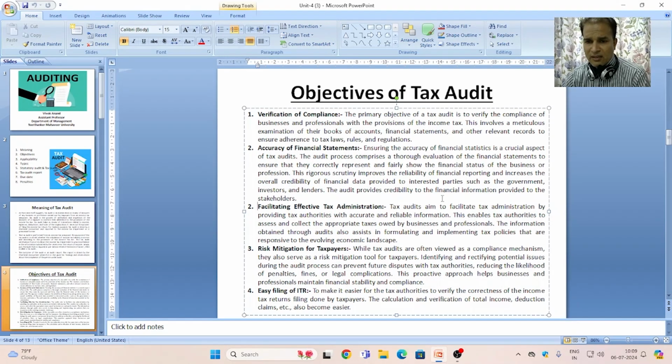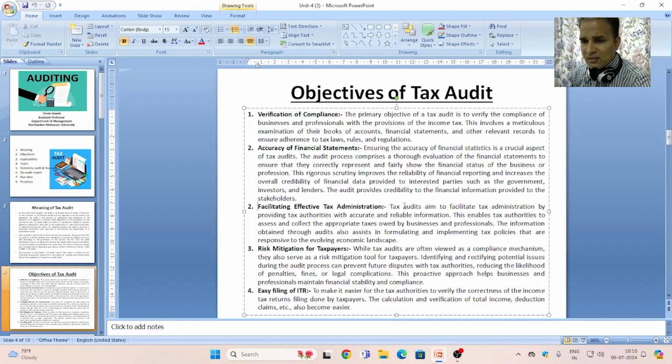The second is accuracy of financial statements. Actually, each type of audit provides whether the books of accounts are giving a true and fair view or not. So in financial accuracy, an auditor ensures the reliability of financial statistics, a crucial aspect of tax audit.